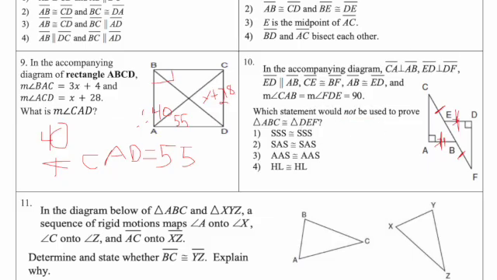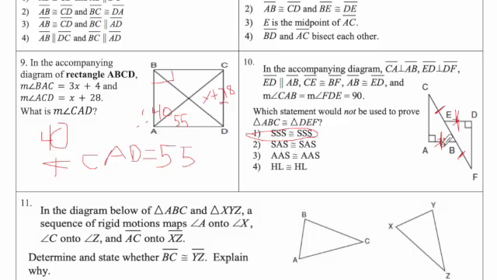In this case, we know nothing about DF and AC, as far as whether they are congruent. So I'm going to say side, side, side is what can't be used.